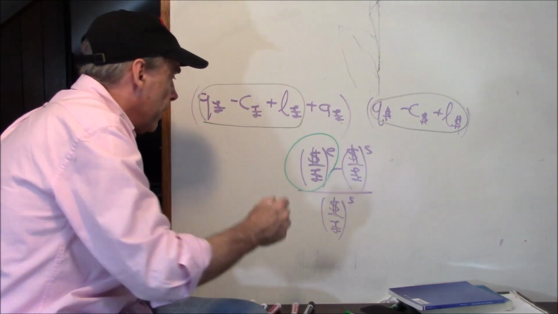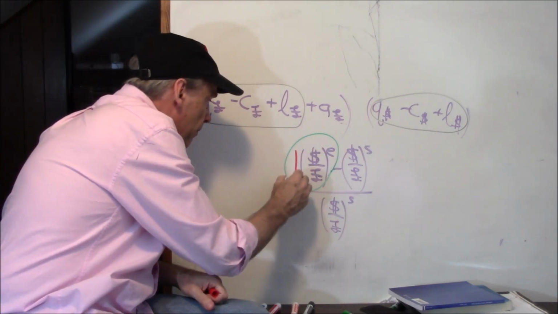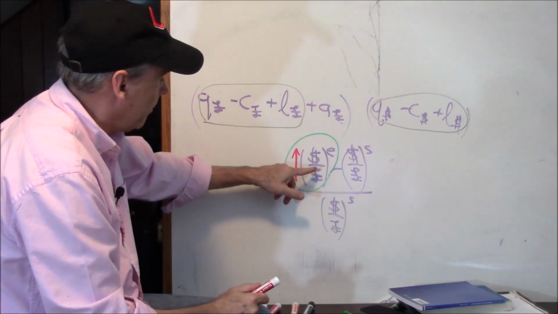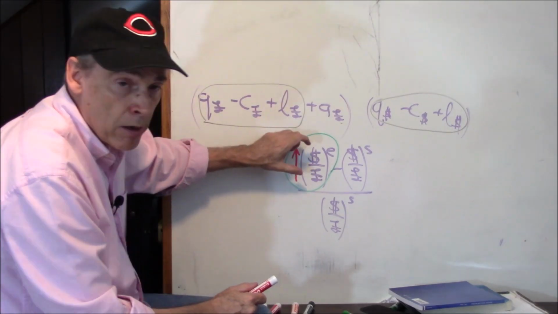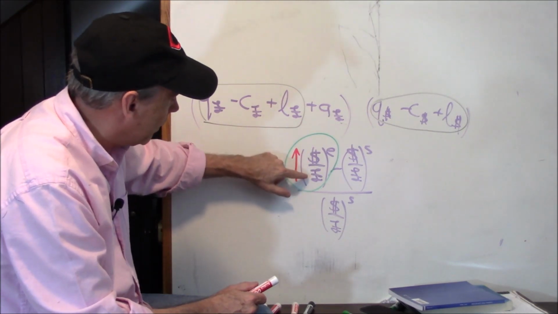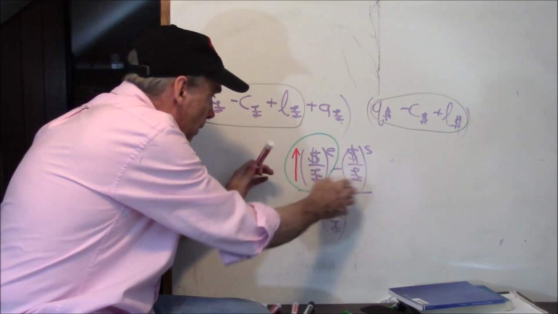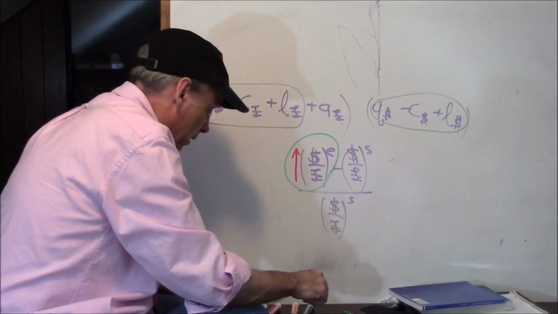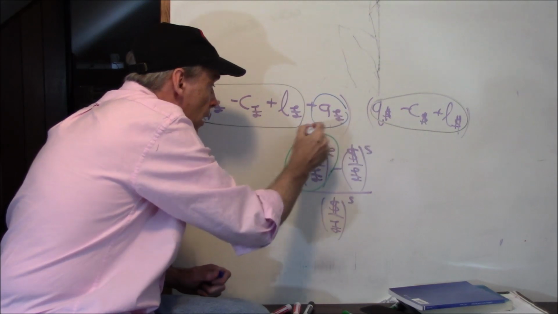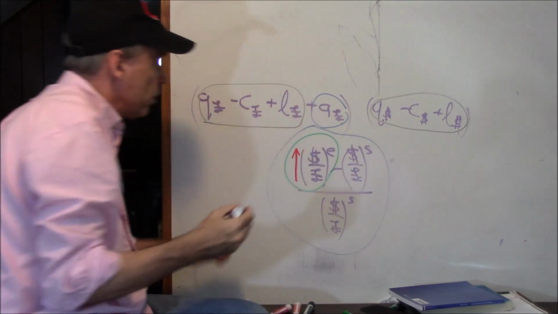What if agents expect a cheaper dollar? If this is going up, it means they're expecting a cheaper dollar in the future, right? Because more and more dollars relative to the pound. Remember, those two are the same.